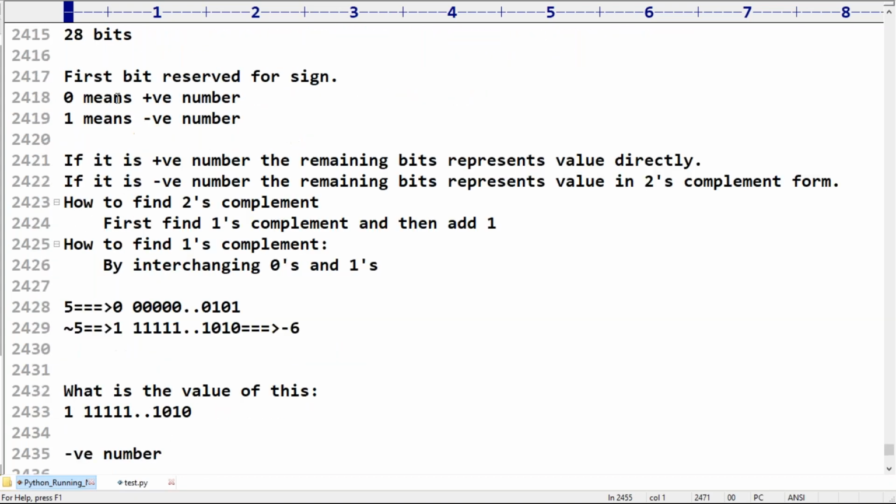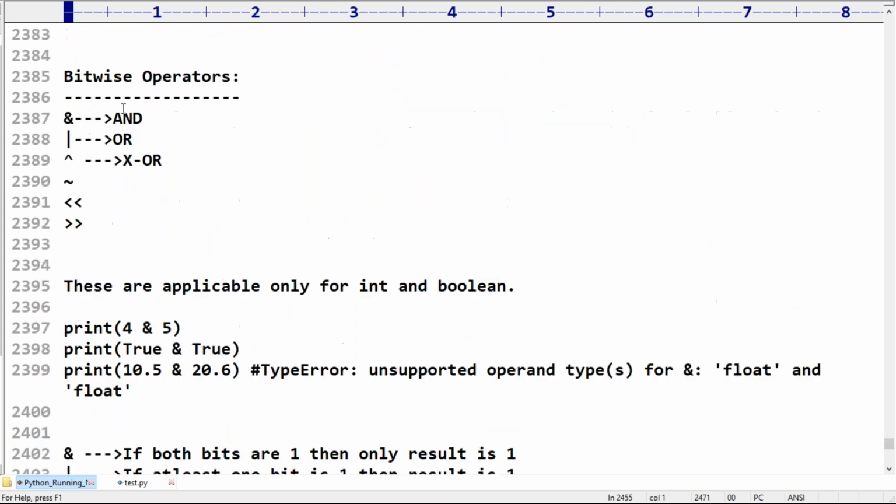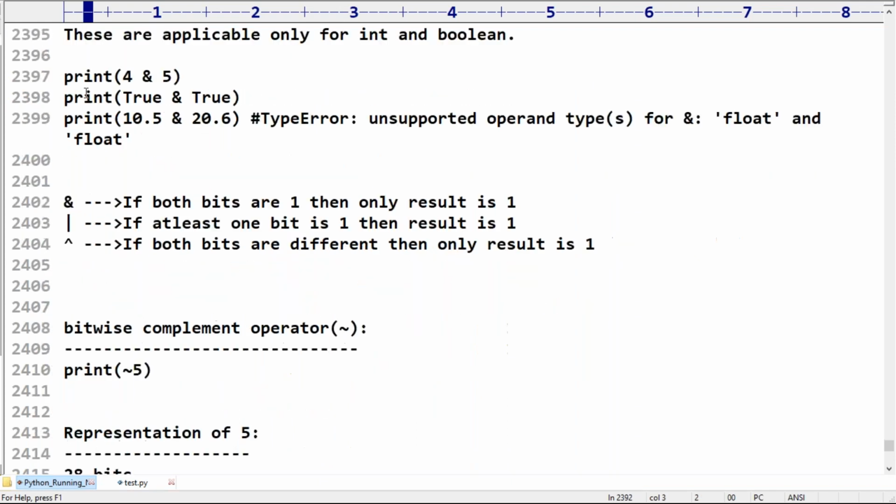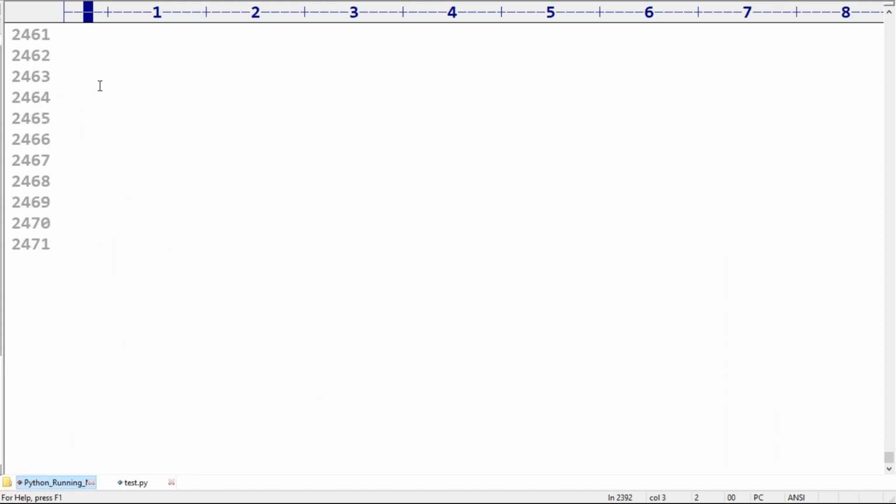Of course, in the bitwise category there are two more operators: the left shift and the right shift operators. That's what you should be aware of. Now, just the left shift operator.